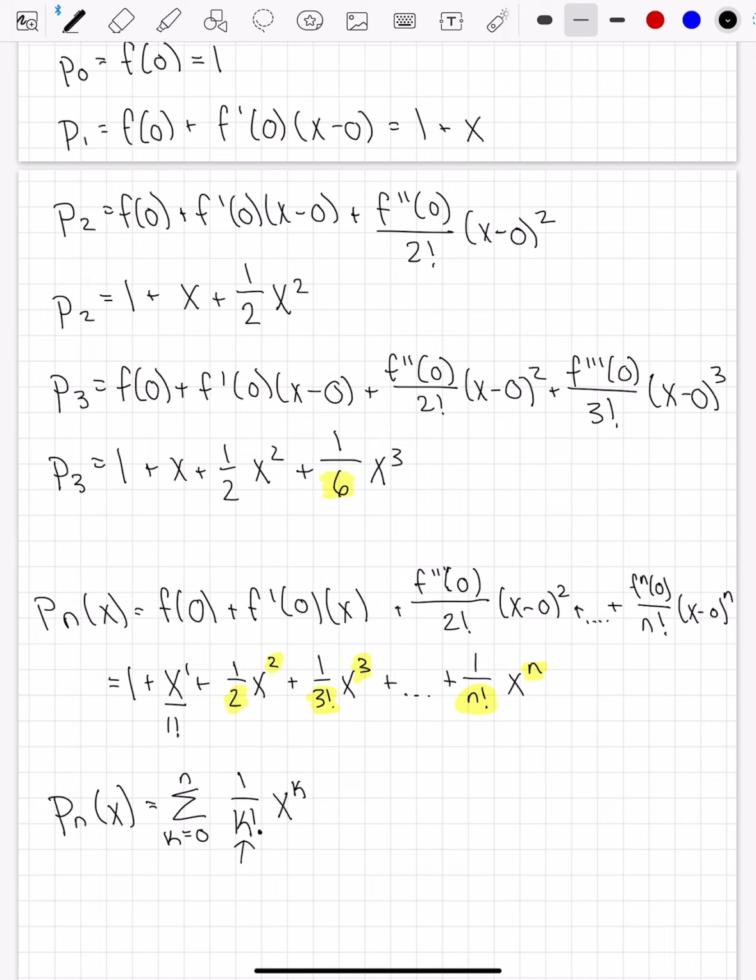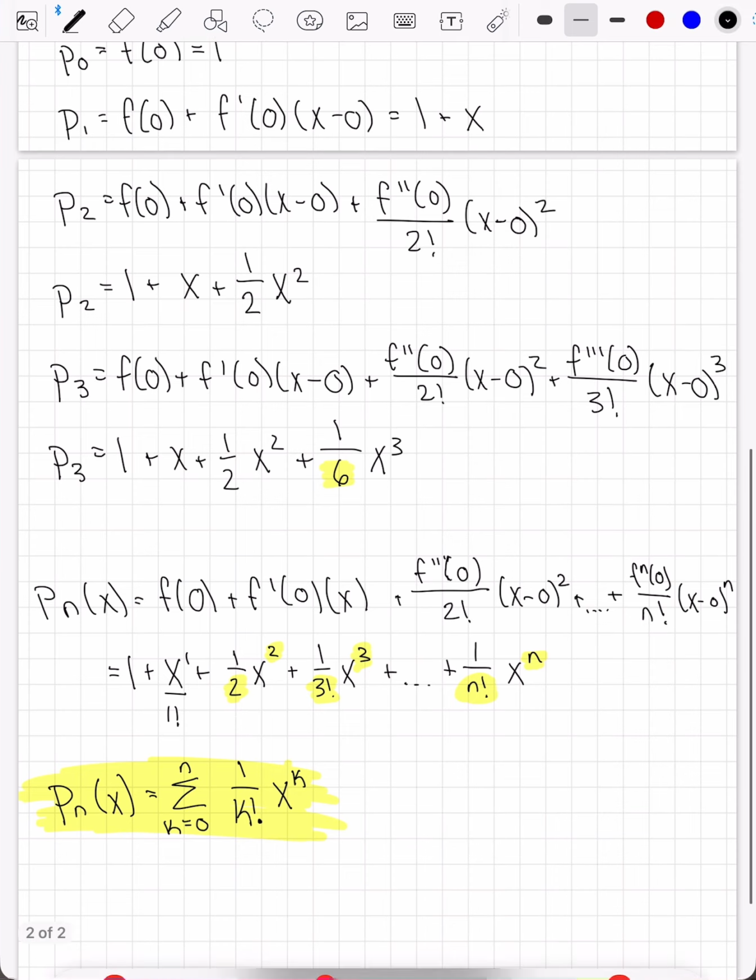So remember, I want the factorial and the exponent to match, and I want that to be the index that I'm on. This is k equals 1, k equals 2, k equals 3, k equals n. So that's how you do finding the formula for the nth Taylor polynomial or Maclaurin polynomial. So this represents the function e to the x around 0.